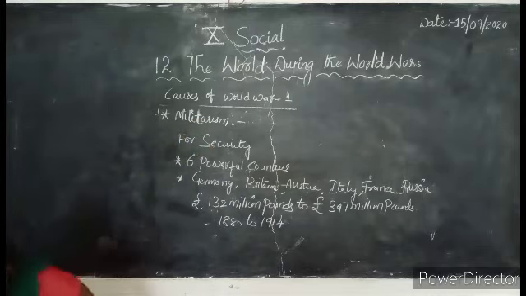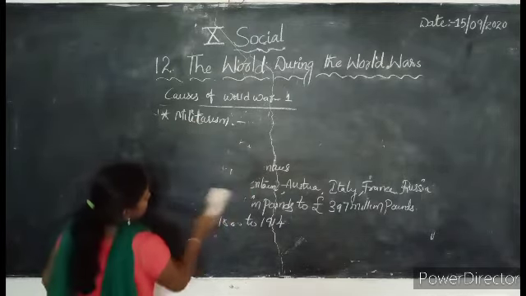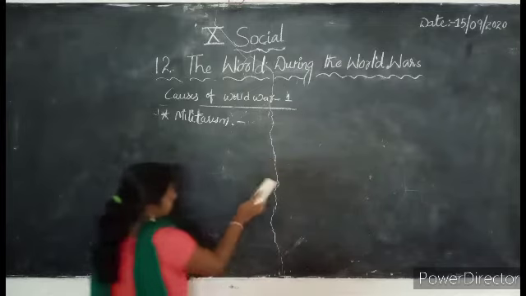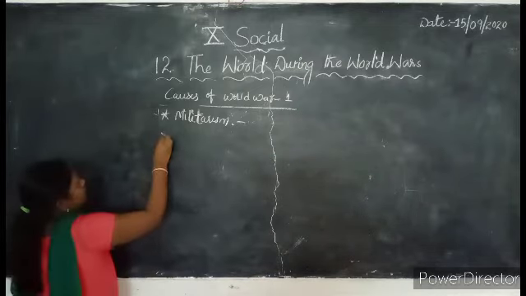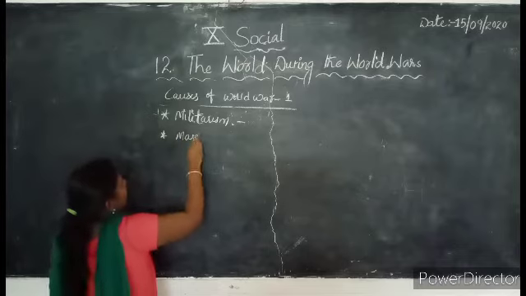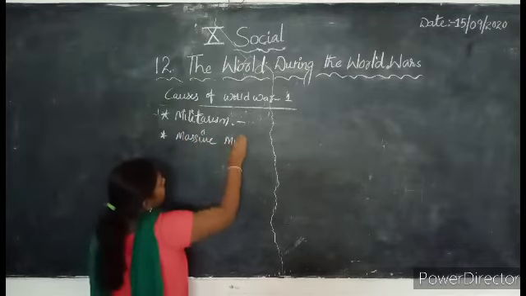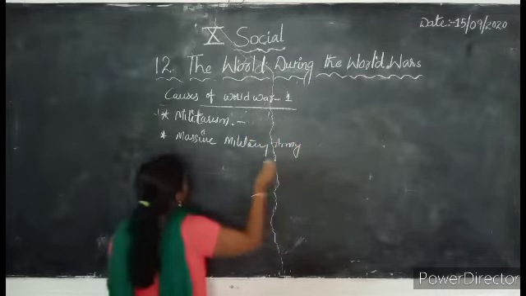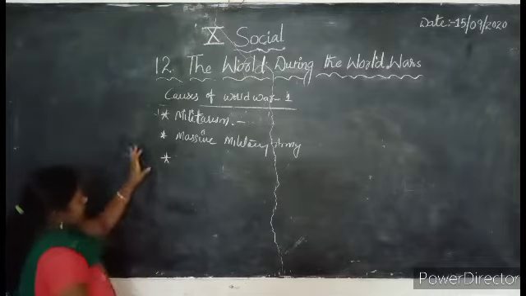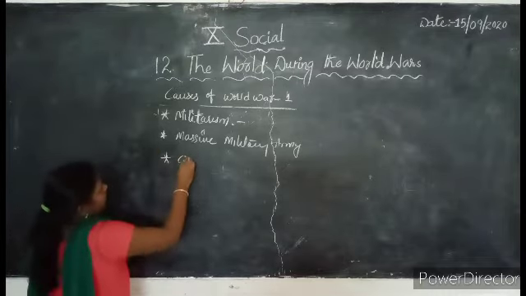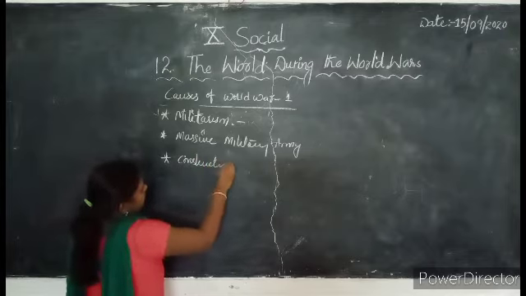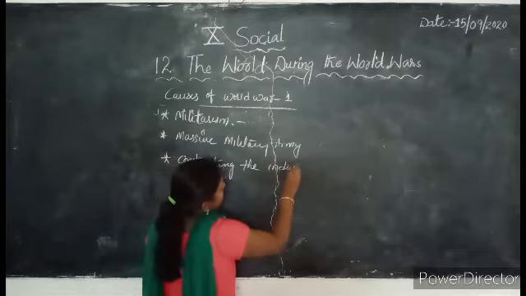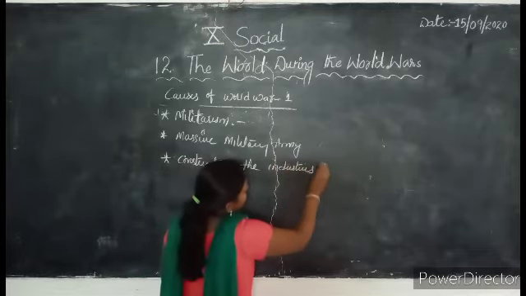How did they spend it? Let us see. They started increasing their massive military army, constructing industries, and producing weapons.